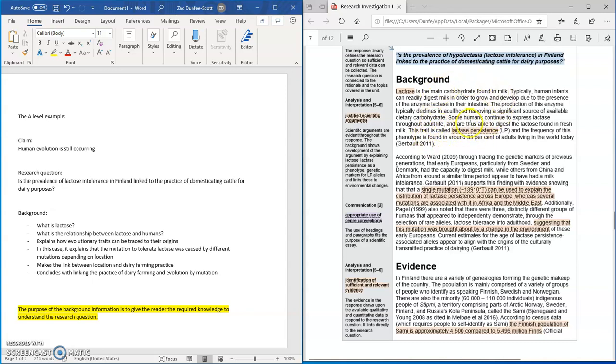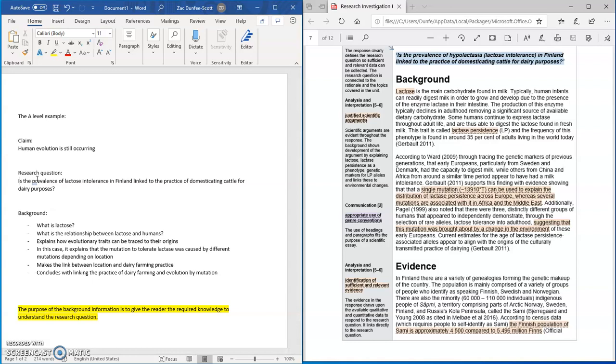So what that is saying is, first up, what is lactose? It told me straight away. I read that, I know what lactose is. And then it told me what the relationship between lactose and humans is, because in this research question we're looking at whether the prevalence of lactose intolerance in Finland is linked to the domesticating of cows.